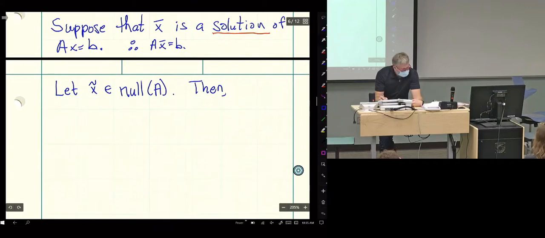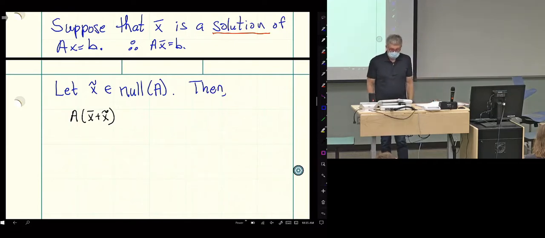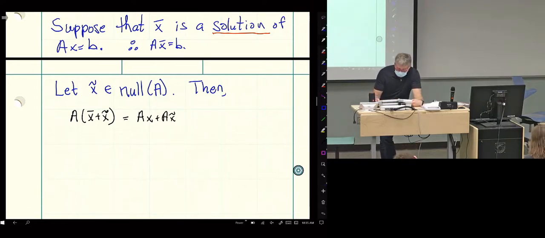And look at this. What happens when I apply A to the vector sum of X bar and X tilde? Well, A applied to the sum of the vectors is the sum of A applied to the individual vectors. Oops, there's a bar missing.